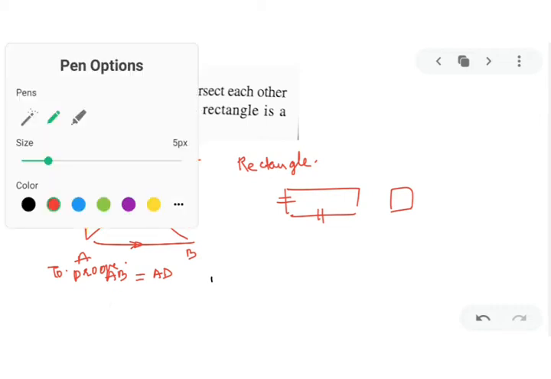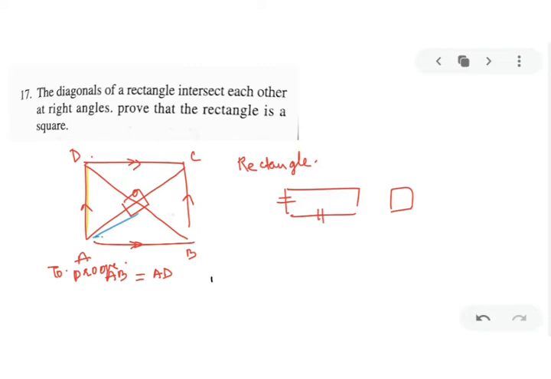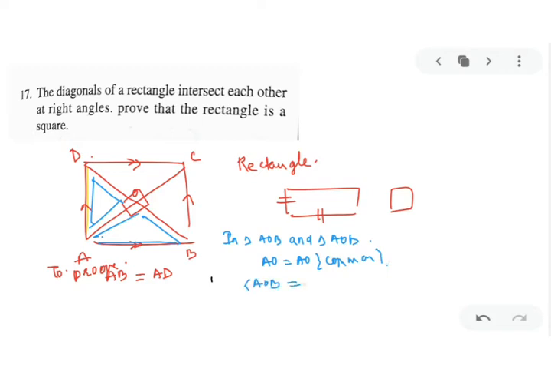Can I take two triangles, that is AOB and AOD? I will write in triangle AOB and triangle AOD. AO is equal to AO because that's the common side. Then you have angle AOB is equal to angle AOD, that is each is 90 degree.